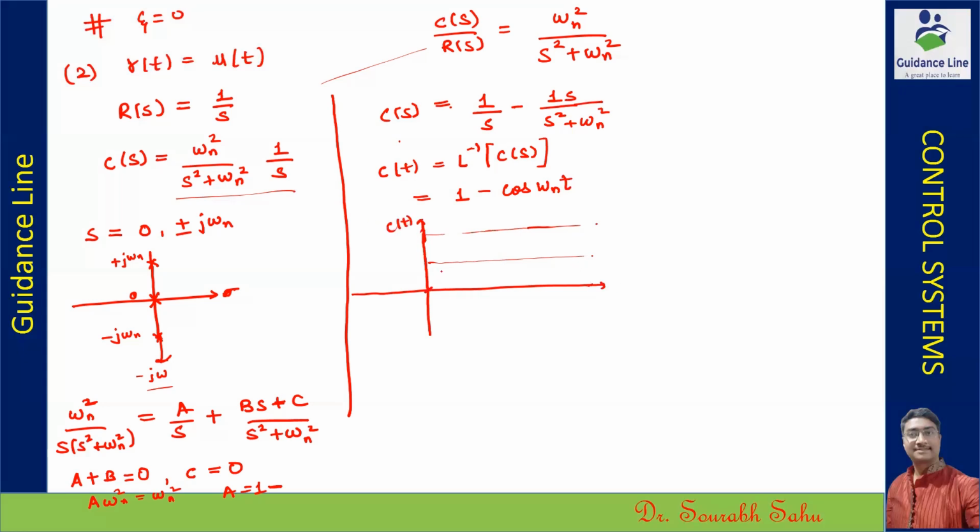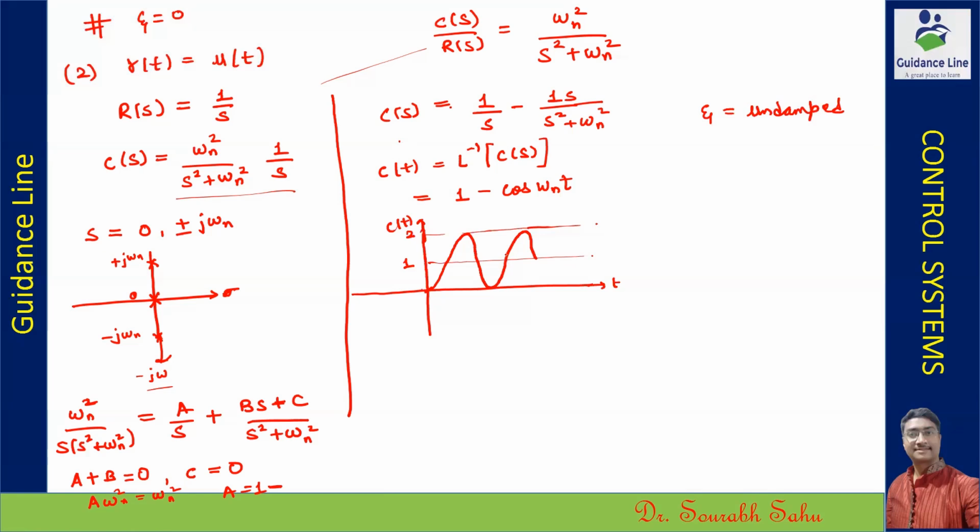It moves to a value 0 and then goes like this. It goes up to 2, and its minimum value will be 0. In this condition, we have considered a unit step function, and since zeta equals 0, it represents an undamped system. So again we have undamped behavior over here, and we have a sustained oscillation.